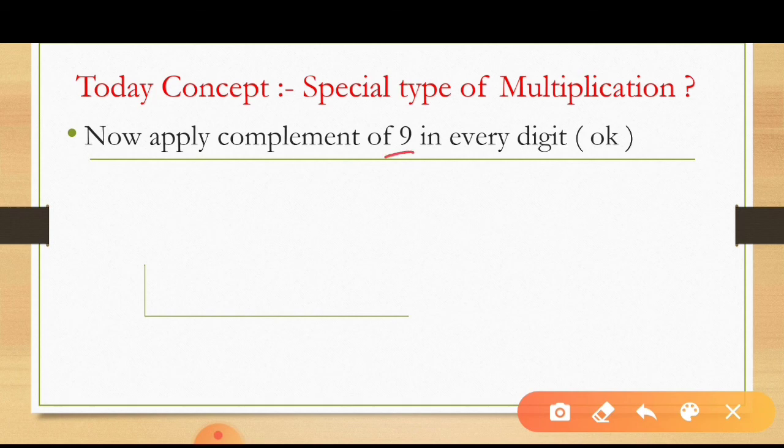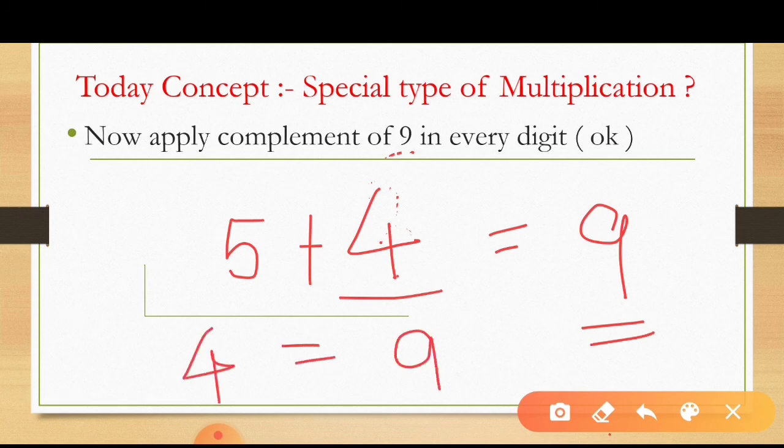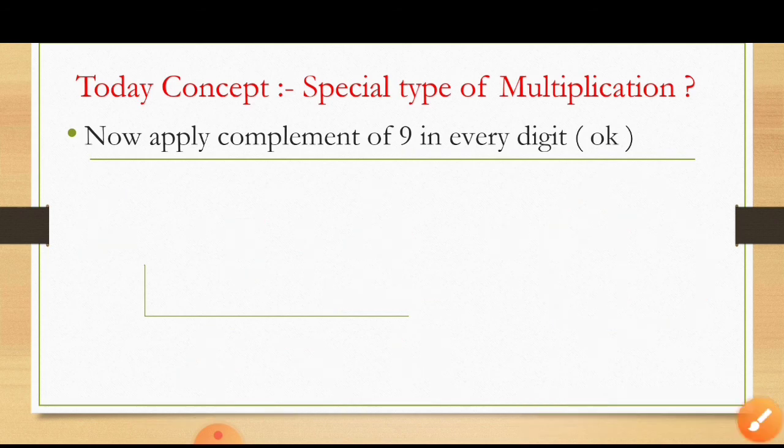Here the complement of 9 is needed. The digit given is 5: 5 plus dash equals 9. What do we put in this space so that the answer comes 9? We put 4, so 4 is the complement of 9. In 5 we add 4, and the answer comes 9.